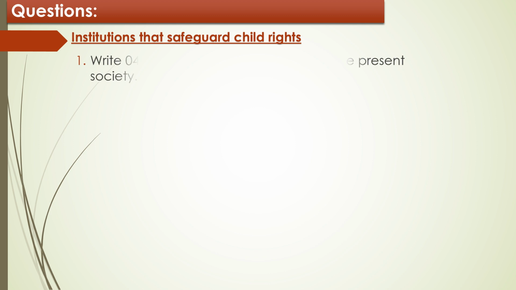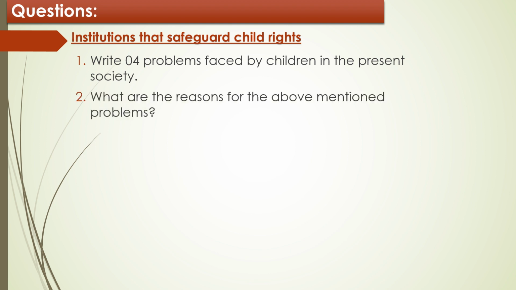Now we will move to the questions. Under the topic of institutions that safeguard child rights, you must answer these questions. The first one, write four problems faced by children in the present society. Second, what are the reasons for the above-mentioned problems?